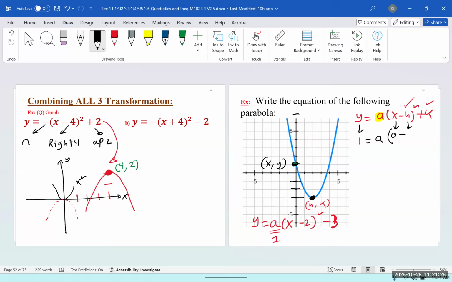H, the x value. 2, right? Plus k. What's the y value here? Minus 3, right? Going down. So here, our k is negative 3. Our h is 1, 2. So h is 2, k is negative 3.